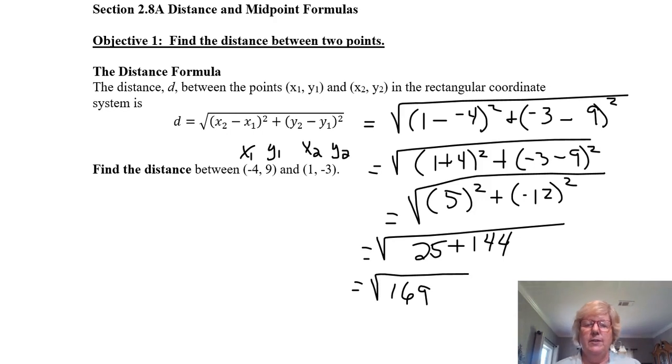Now we want to simplify this if possible. The square root of 169 is a perfect square, so that would be 13.